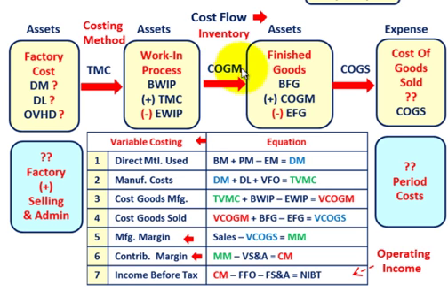So those costs of goods manufactured are going to move into some finished goods account here. You take your beginning finished goods, add to it all those costs of goods manufactured coming out of your work in process, and then subtract from it the ending finished goods. So that's going to be your cost of goods sold, and they're going to be accumulated into the cost of goods sold and expensed for the period.